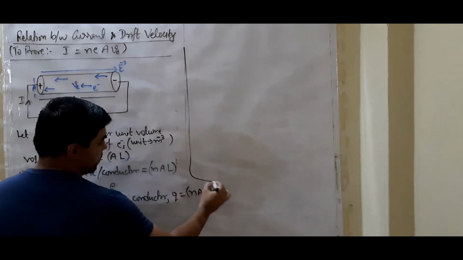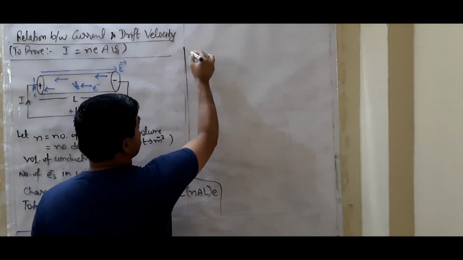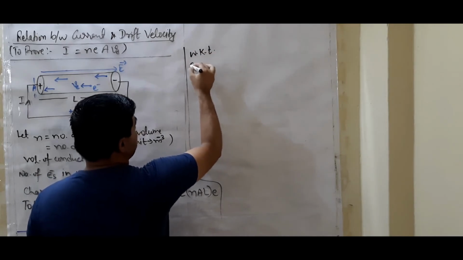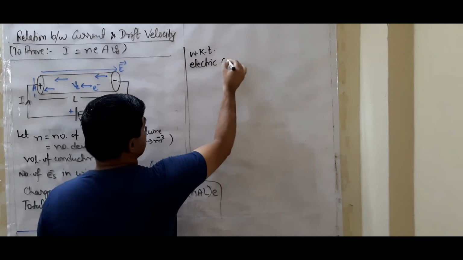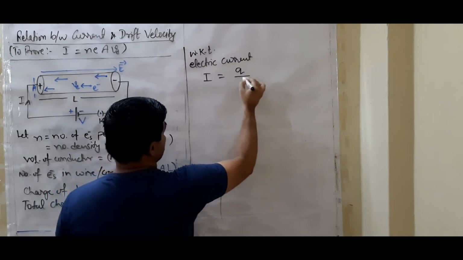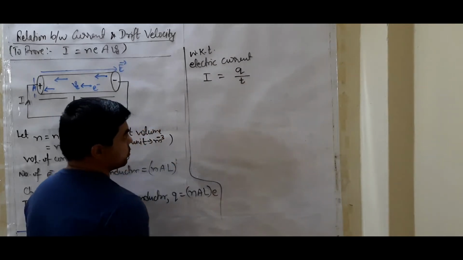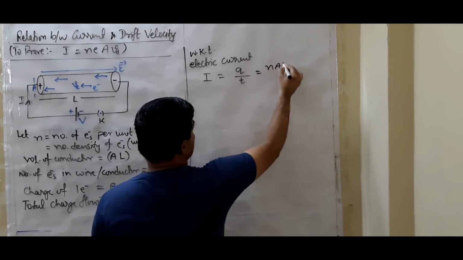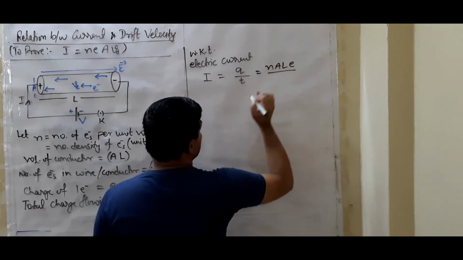And now we can put the very simple formula for electric current. We know that electric current in any conductor can be written as charge upon time. So substituting the value of charge, we have nAL into e divided by t.